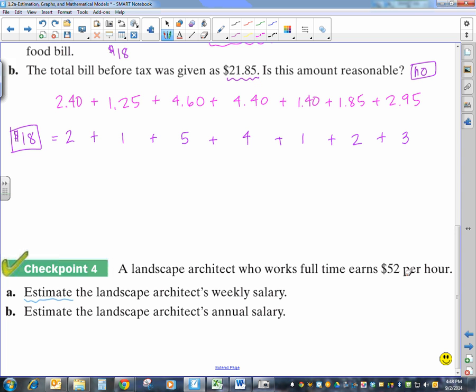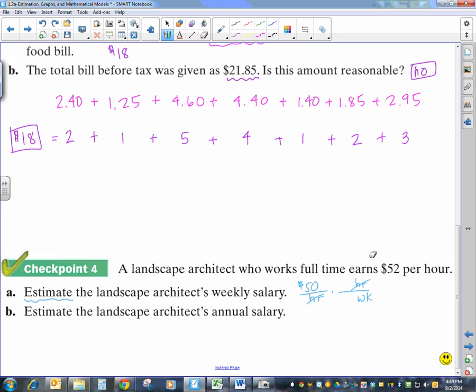So estimating, generally when we're doing something like this, you only want one digit that's not a 0. So if I have 52, I'm going to round that to $50 per hour. And hopefully, you know, the hours have to cancel. And I'm going to week, and you know how many hours are in a week.